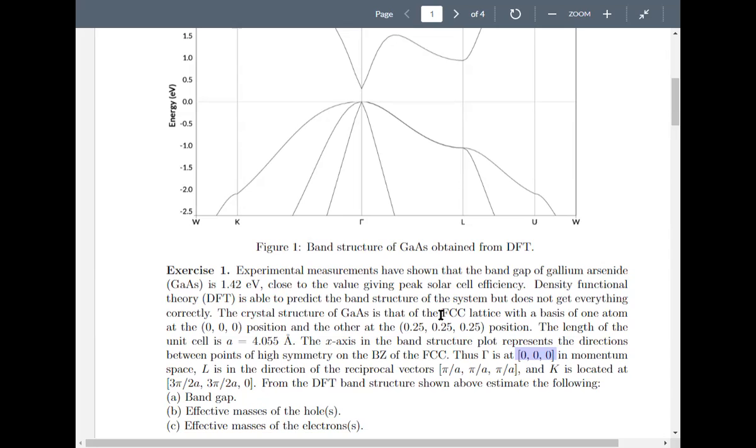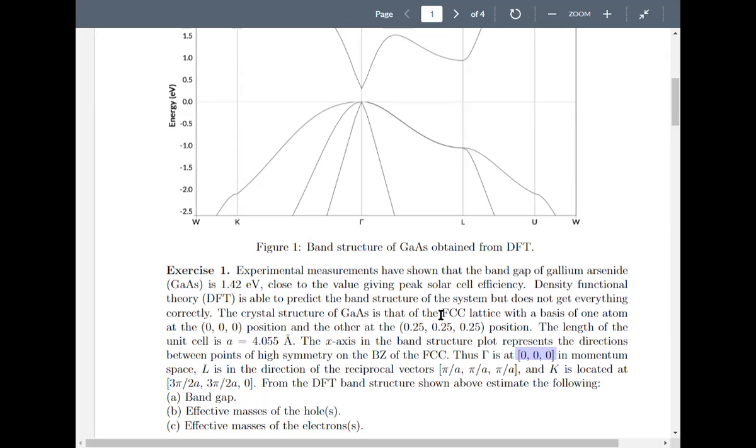So let's say that we had a projection, this is kx, this is ky. Where 0, 0, let's say, is here. So this is where my gamma is, right? So now this L point is located at pi over a and pi over a.